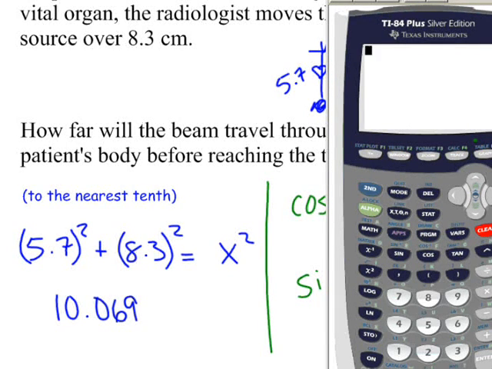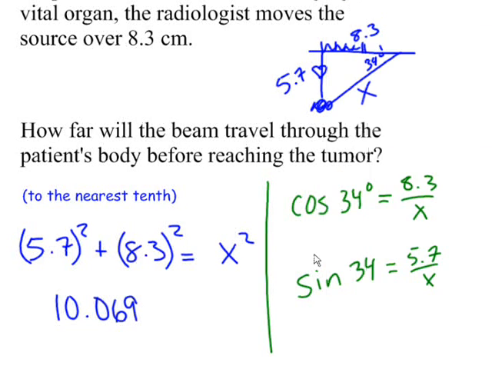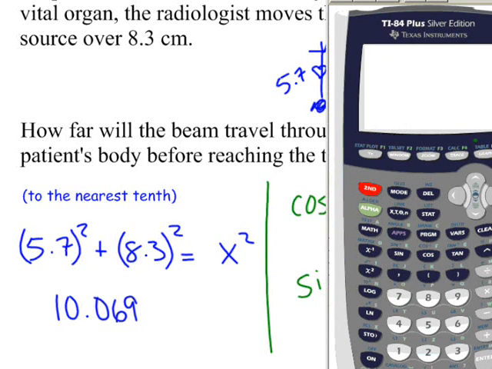Since I'm looking for the x value, all I'm going to do is take 8.3 and divide it by cosine of 34.5, just to get a little bit more accurate. 8.3 divided by cosine of 34.5. You can see that's pretty close, 10.07.